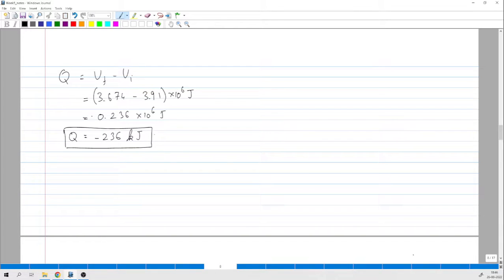So the final internal energy is lesser than the initial internal energy, so that means the heat is transferred out of the system to the surrounding air. So we write it as negative. Q transferred by the system is negative.